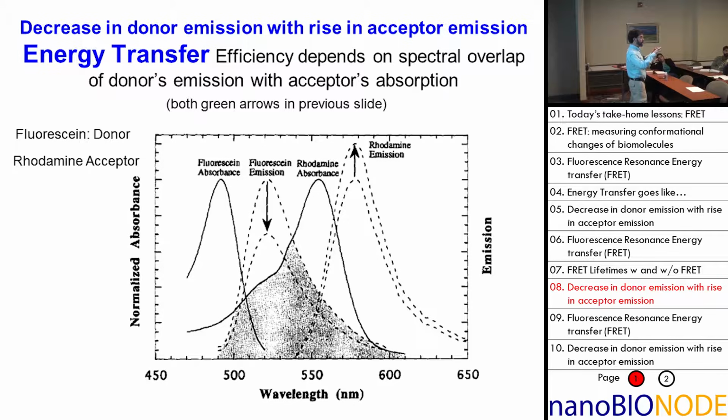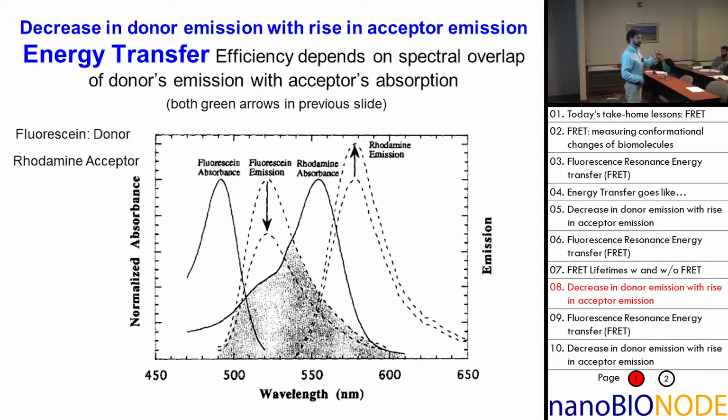And if R naught is really big, the energy transfer is really efficient even out to far distances. Whereas if R naught is really small, unless you bring it in really close, you're going to have difficulty doing much energy transfer at all, unless you're incredibly close.